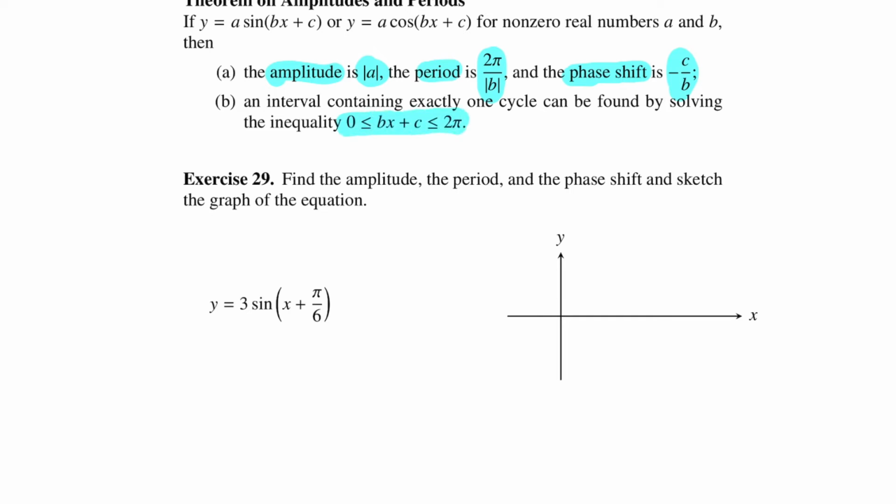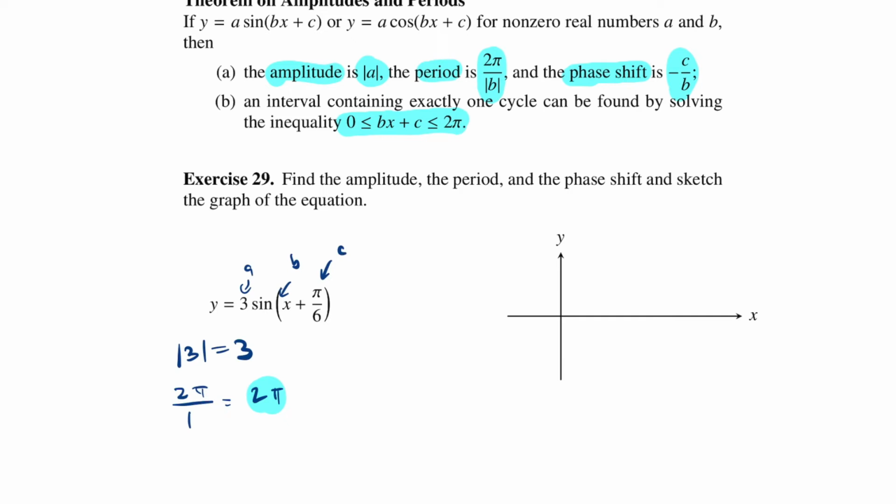We still know what the amplitude is. It's the absolute value of 3, which is 3. And the period we can still find by doing 2 pi over the absolute value of b. So here's your a, here's your b, and here's your c. So b is going to be 1, which gives 2 pi. So we have our period is 2 pi, and our amplitude is 3.